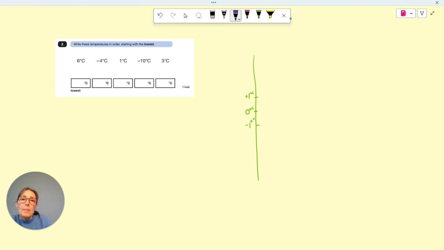Let's have a look. -4 is going to be about here. 6 is going to be about here. 1 is there. -10 is going to be somewhere down here.